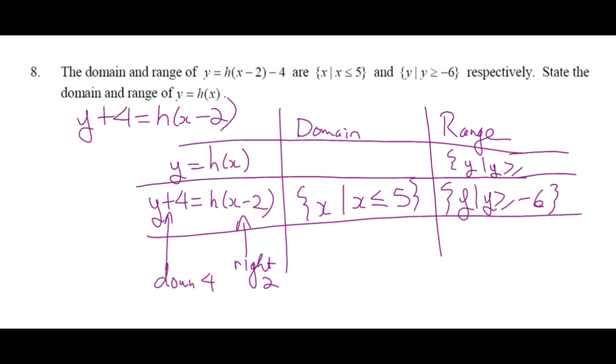Okay, so we started somewhere, we moved down 4, we ended up with greater than or equal to negative 6. Where did we start? Negative 2. And we started somewhere, we moved right 2, and here's where we got to. So where were we starting if after moving right 2 we ended up here? 3.